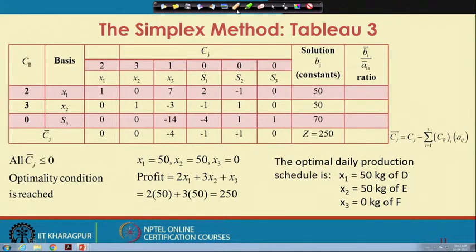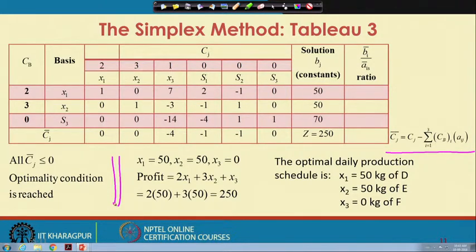So, again we compute Cj bar following this equation, and we now find that all Cj bar are less than or equal to 0. There is no Cj bar which is positive or greater than 0. All Cj bar less than or equal to 0. So, we have reached optimality conditions.